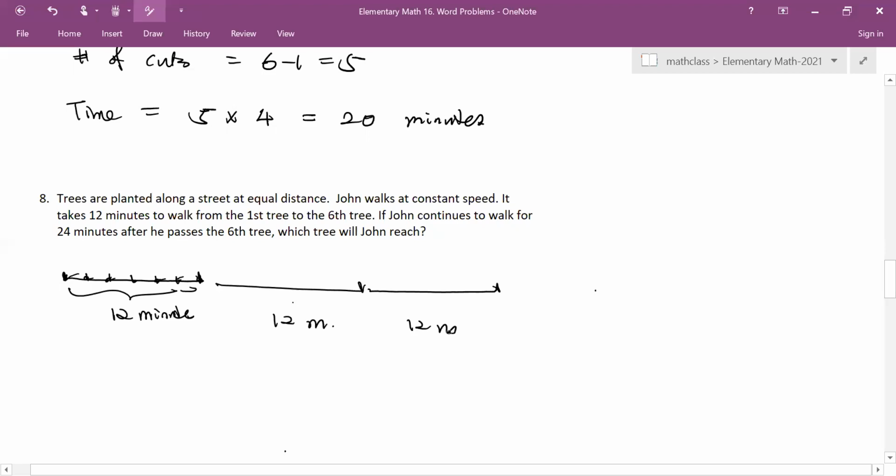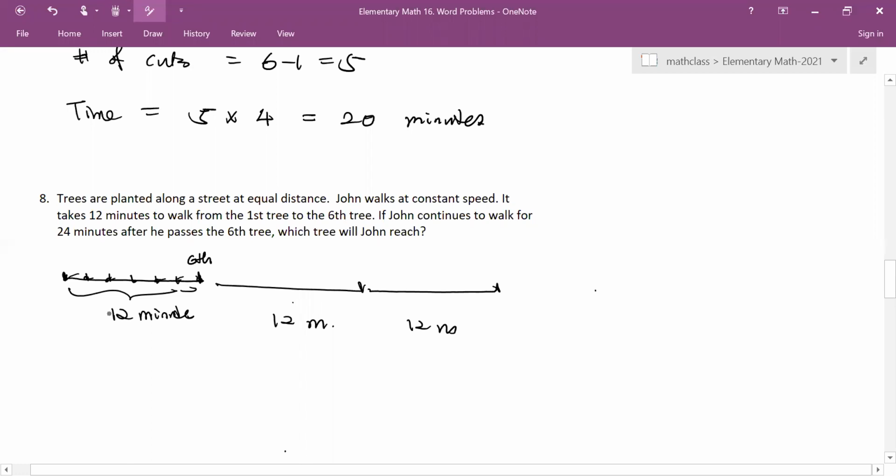So this is the 6th one. Okay, actually, forget the first tree.